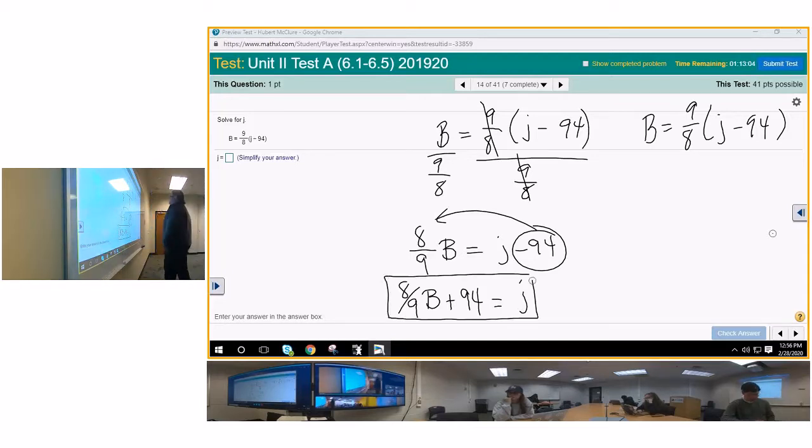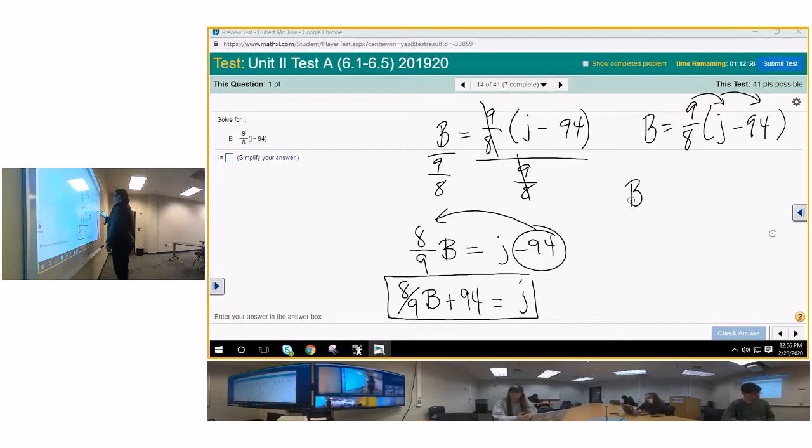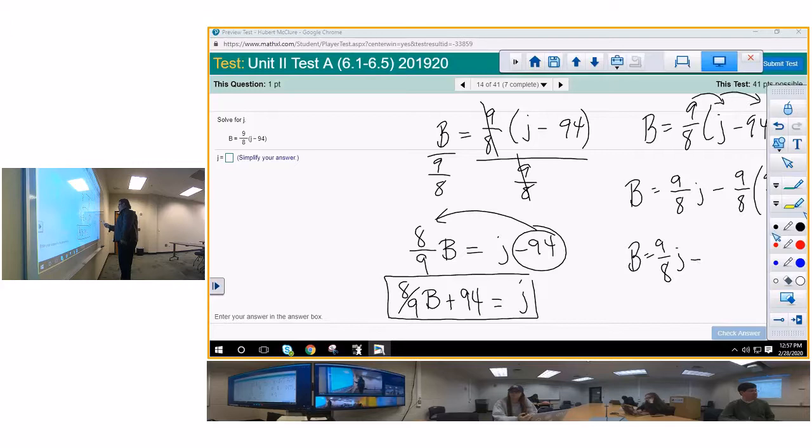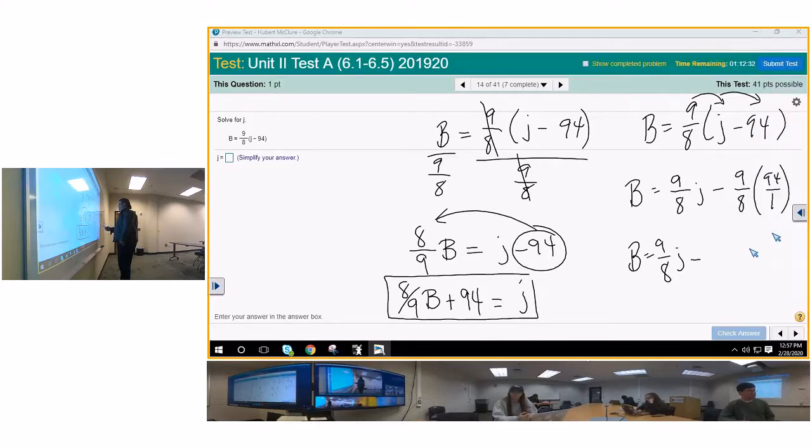Here, I'm going to distribute, which will cause a cluster. B is equal to 9/8 J minus 9/8 times 94 over 1. Since these 2 are even, we can cancel those. So B is equal to 9/8 J minus, let's see, 8 will not go into 94, but will 4?